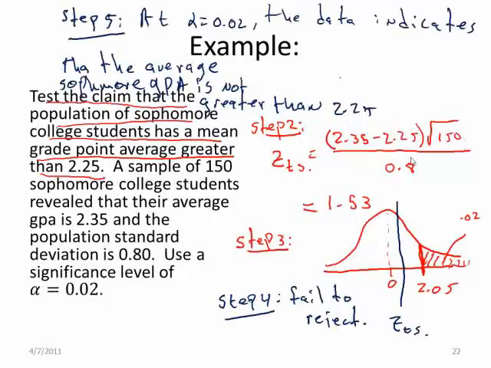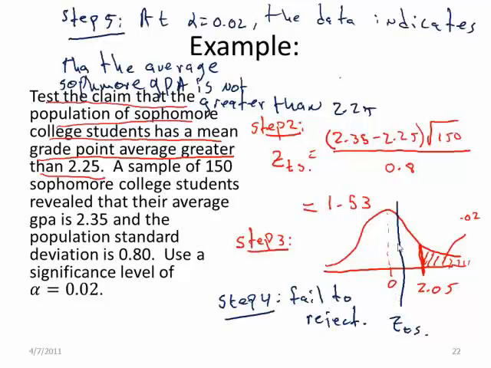All right, so there you have it. That's all there is to hypothesis testing. Step number 1, set up the null and the alternative hypothesis. Step number 2, compute your test statistic. Step number 3, sketch your rejection region, non-rejection region, and include your critical value, and then identify which region your test statistic falls in.